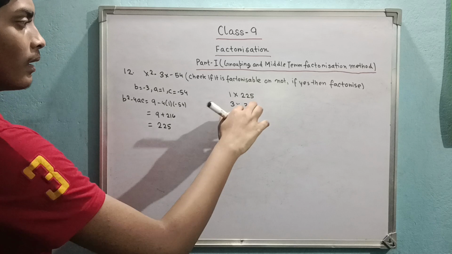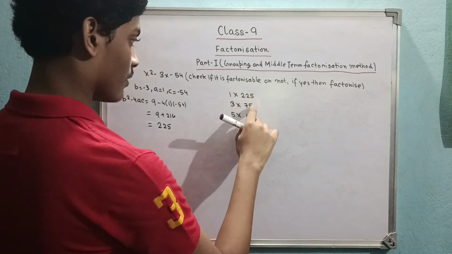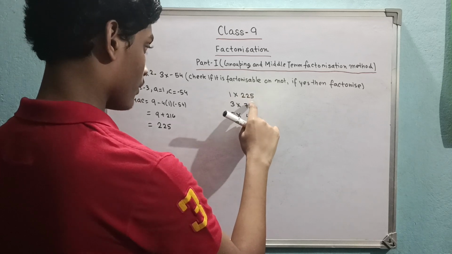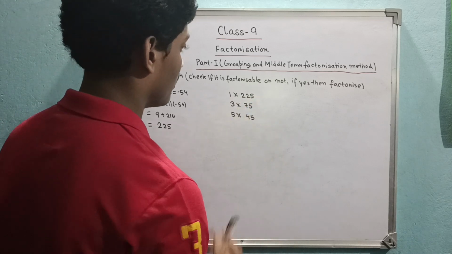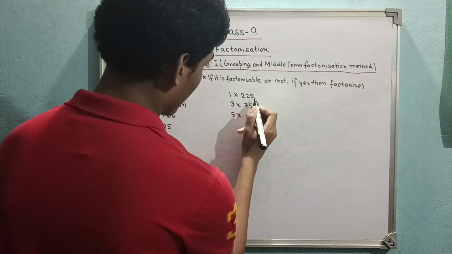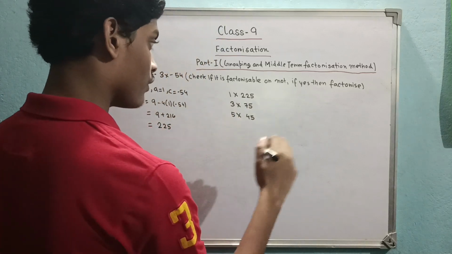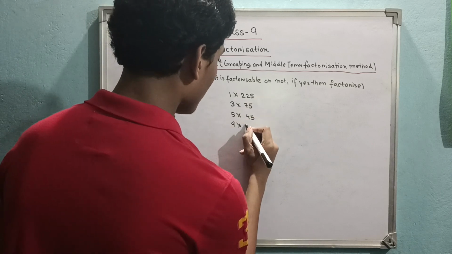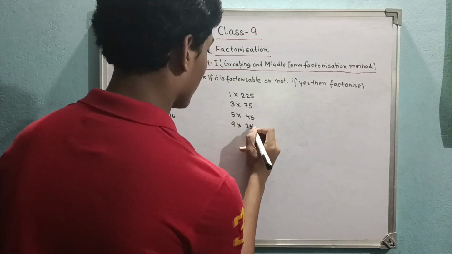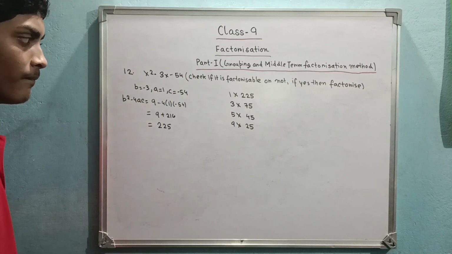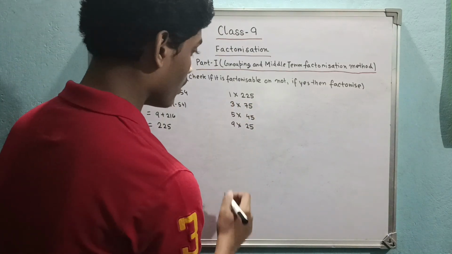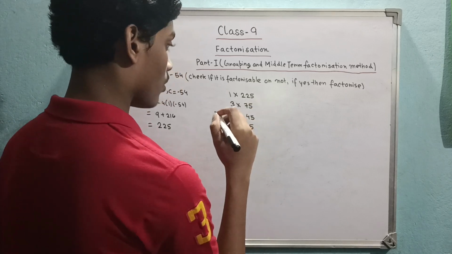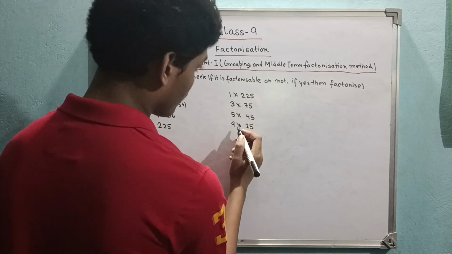Then it is not divisible by 6, by 7, no. 8 can't. By 9, 2 plus 2 is 4 plus 5 is 9, 9 by 9 is 1, so it is divisible by 9. So 9 into 25, still not a square. By 10 it can't be divisible. By 11, no, it is not. 12, obviously not.